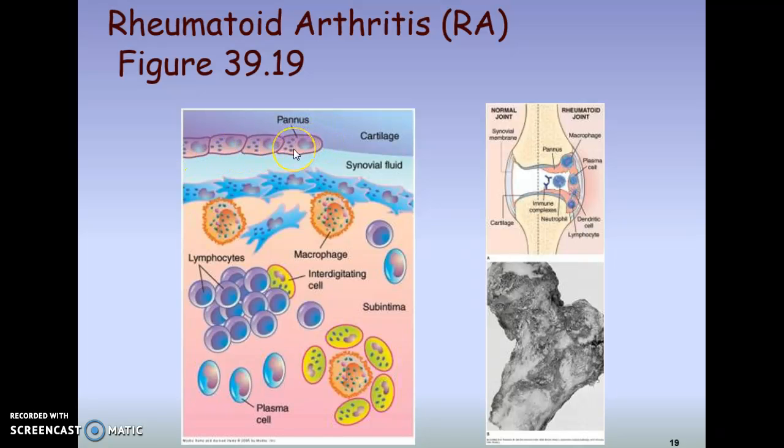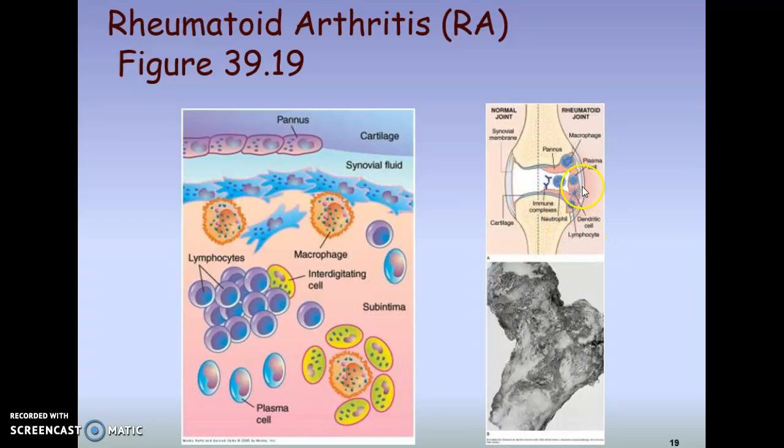It is exudate, basically, and it's just nasty stuff that is going to inhibit the proper movement of that joint. You have lymphocytes that are going to move into the area, macrophages, these fibroid-like cells, plasma cells, to produce the rheumatoid factor.